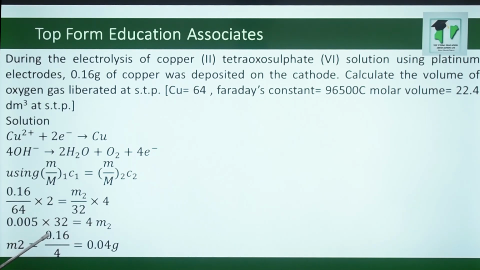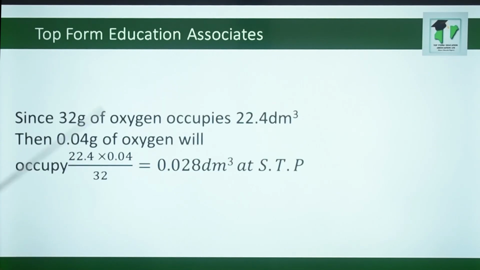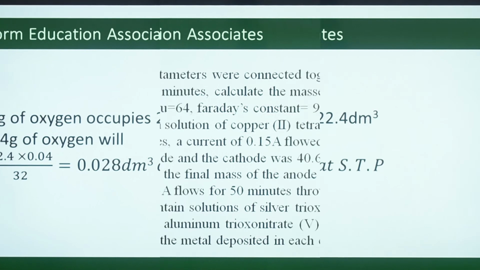Our M2 will be equal to 0.16 divided by 4 to give us 0.04 gram. Since 32 gram of oxygen occupies 22.4 dm³, then 0.04 gram of oxygen will occupy 22.4 times 0.04 divided by 32 to give us 0.028 dm³ at STP.